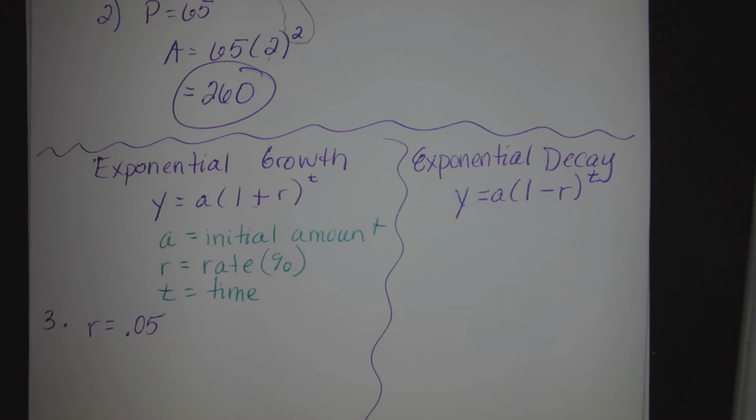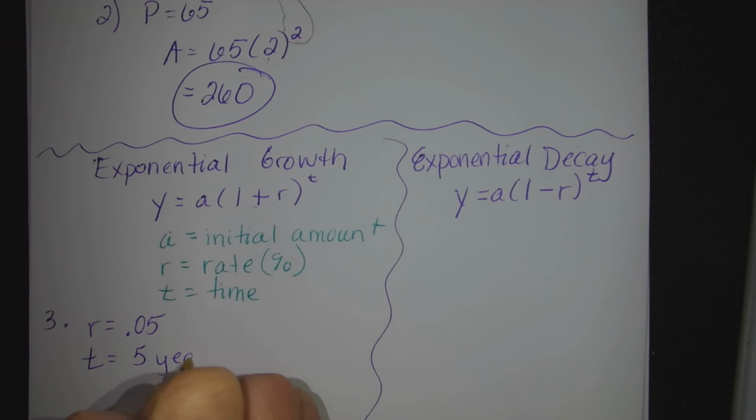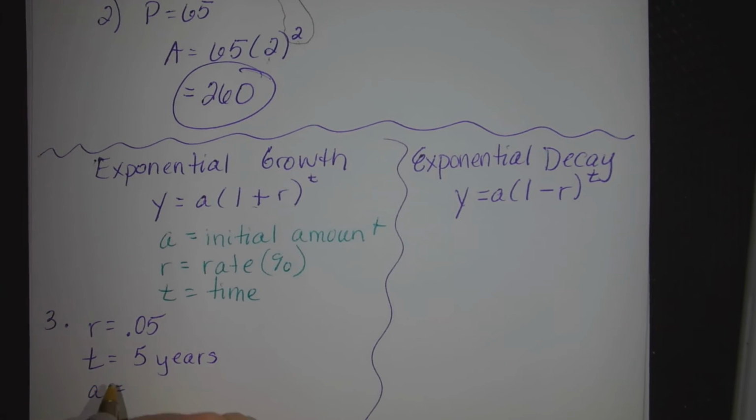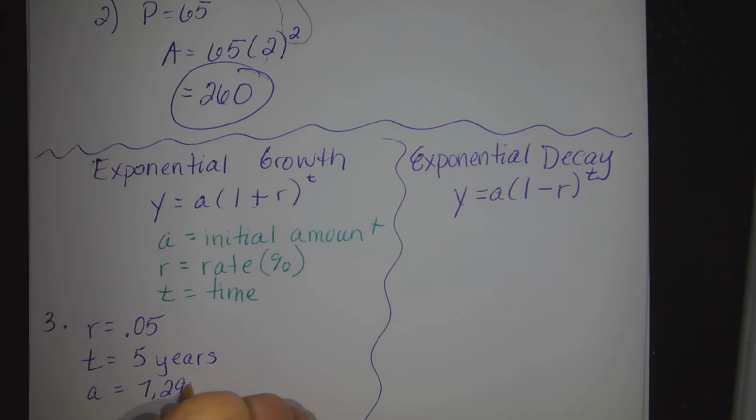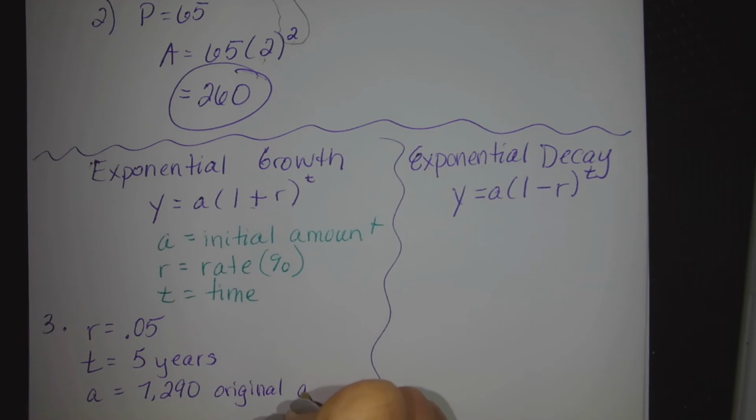There's your rate. If there are 7,290 farmers markets, how many will there be in 5 years? T is 5 years. And A is if there are initially 7,290. This is the original amount.